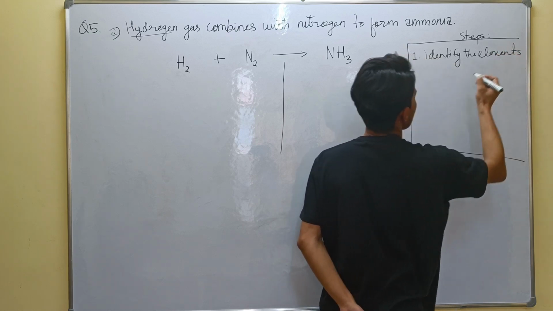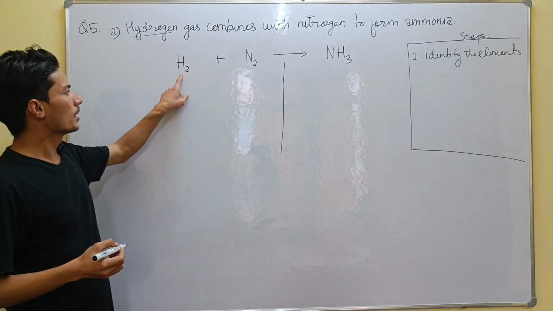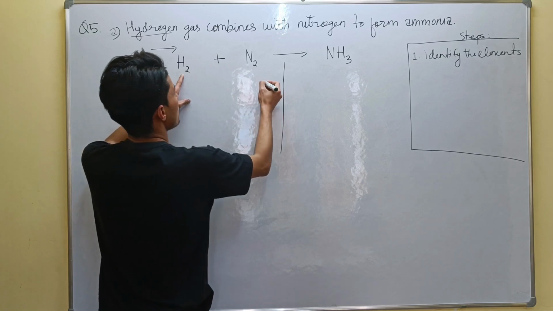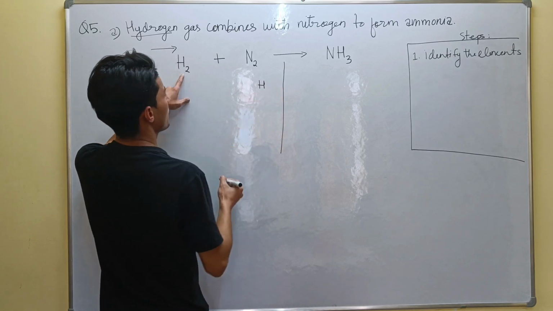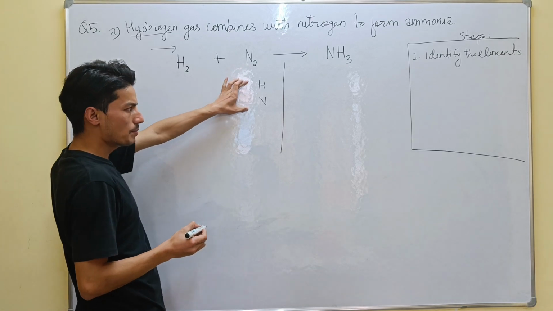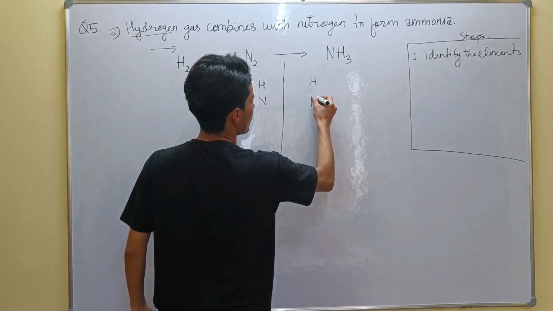The element here is hydrogen. We always start from this side. The next element is nitrogen. The same elements will be found here in the product side. So it's hydrogen and nitrogen.